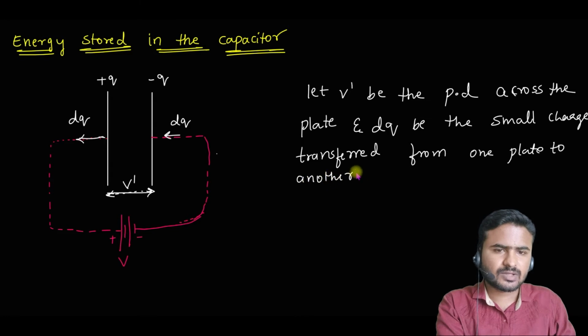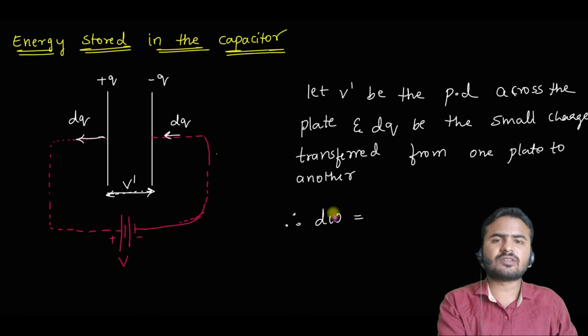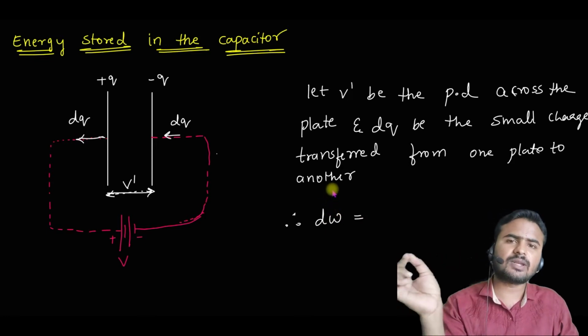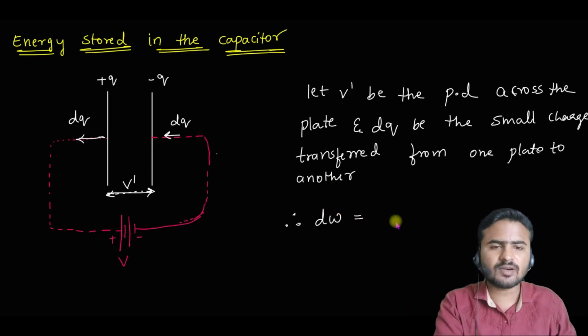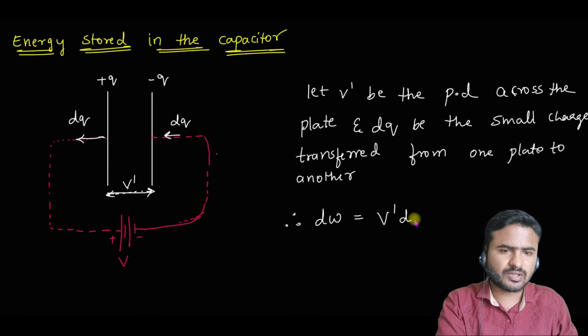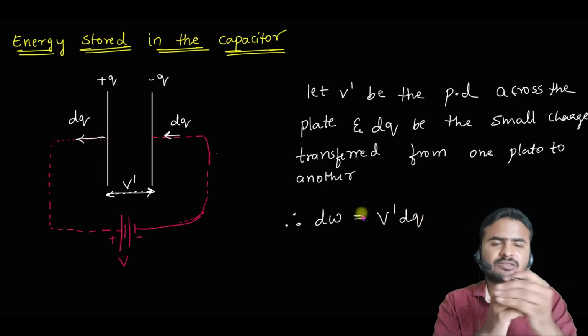Therefore the small work done dW for this process of removing a charge dq from one plate and depositing it on the other plate will be V dash into dq.